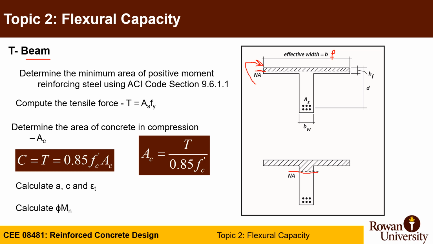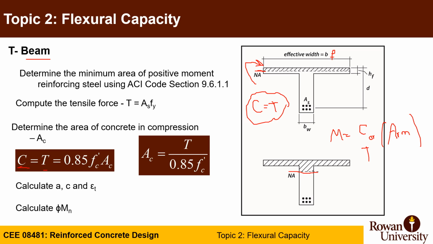So to determine that, first of all, what we need to do is to keep the basic equation, C equal T, and moment equal C or T times the arm.